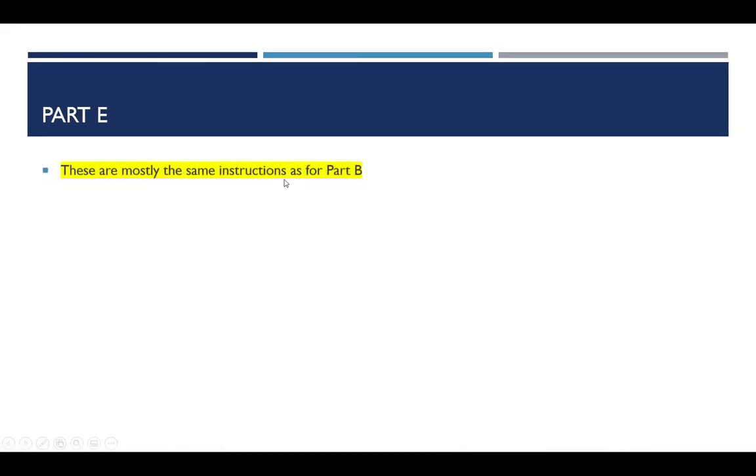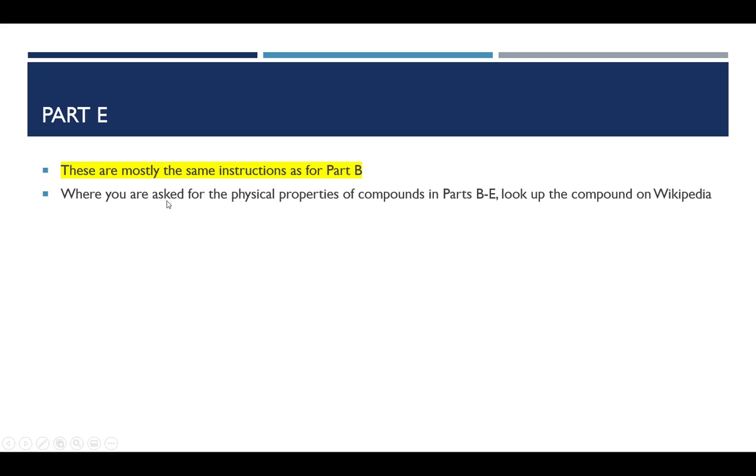Some of these instructions are going to be the same as for Part B, but there are going to be a few important differences. You are going to look up the compound on Wikipedia. In this case, for Part E, it asks you to look up the properties of water. And you don't want to look up water by itself on Wikipedia because it won't give you the information you need.